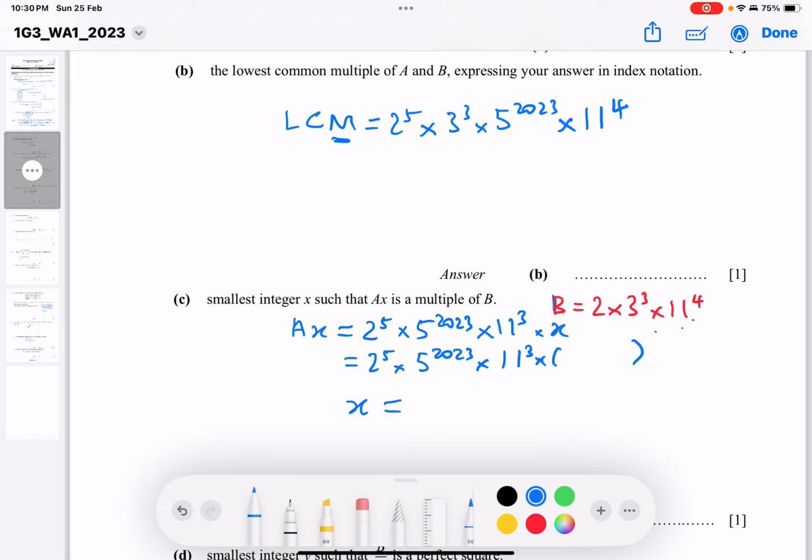But a does not have 3 cubed, so we need to put it down. And for the factor 11 to the power 4, what we have is 11 cubed, so we need another 11. So all in all, we have to include the factors 3 cubed times 11, which is 297.